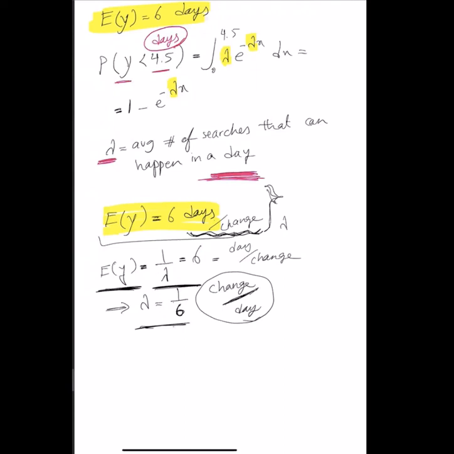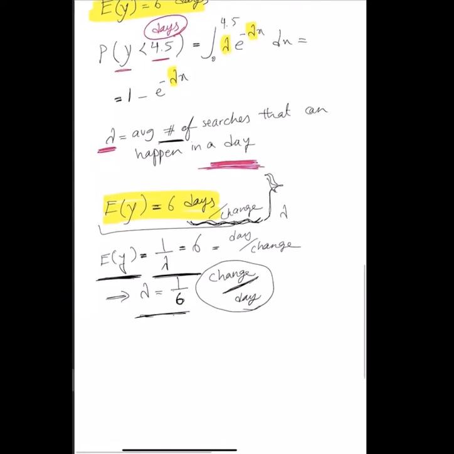Lambda is always the average number of things that can happen per unit of time, in a day, in a minute, or anything. Now that I have lambda, all I need to do is put lambda in this formula for the probability of y less than 4.5.